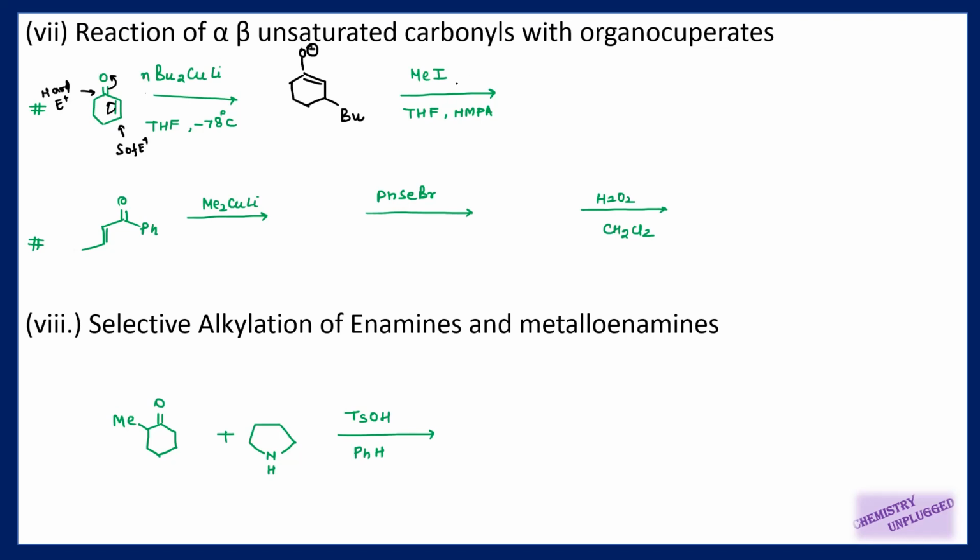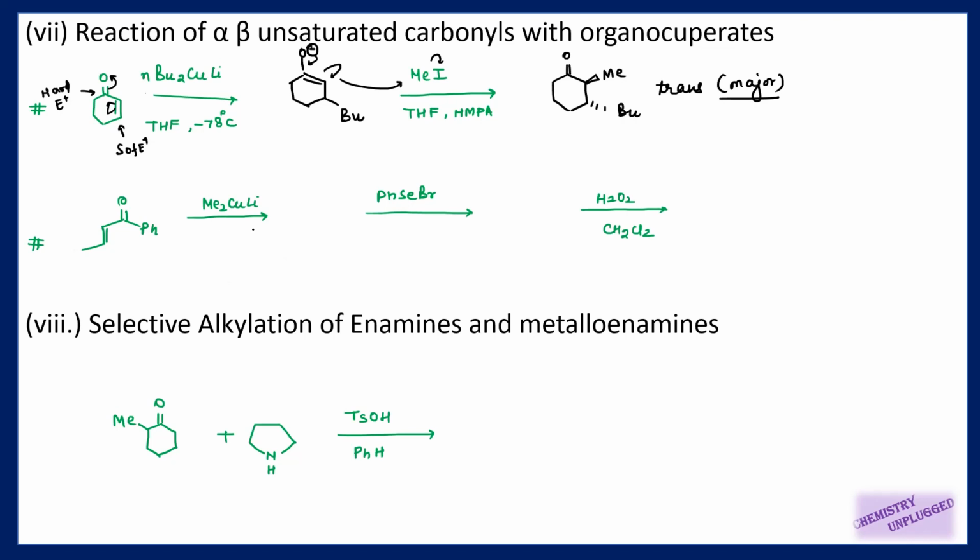Then next I am using methyl iodide, so this charge will come back and it will attack this methyl group. This methyl group will preferentially attack from the side which is less hindered, meaning I will get trans as the major product. These two groups are attached trans to each other.